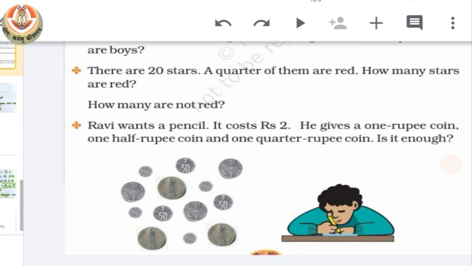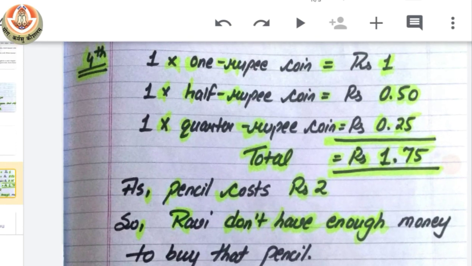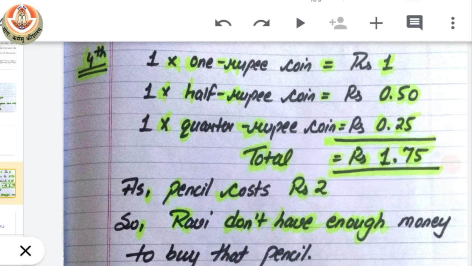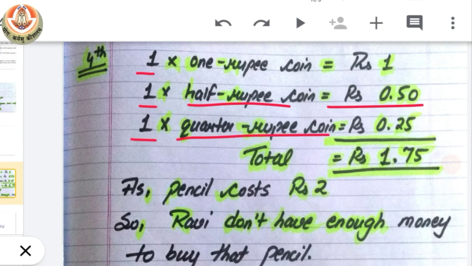So let's see. He gave 1 rupee coin. That means we have to multiply 1 with 1 rupee coin. That means 1 rupee. 1 half rupee coin. We all know that half rupee means 0.50 rupees, 0.50. Okay. And 1 quarter rupee coin. And quarter contains 0.25 rupees.